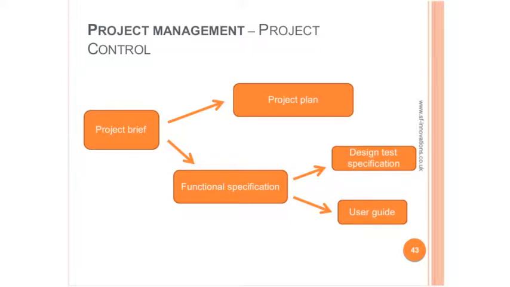Now, it seems strange to look at a user guide before the product is designed, but in my experience, this discipline of doing a user guide early on is very useful, and it has brought out many issues earlier in the day rather than when the project's been designed, especially if there's software involved.